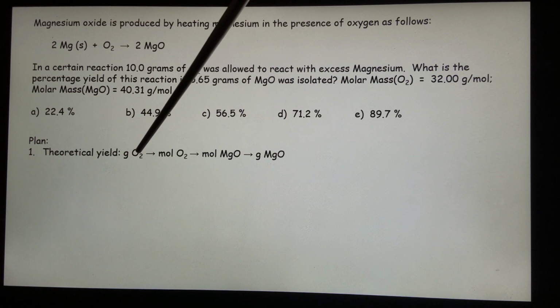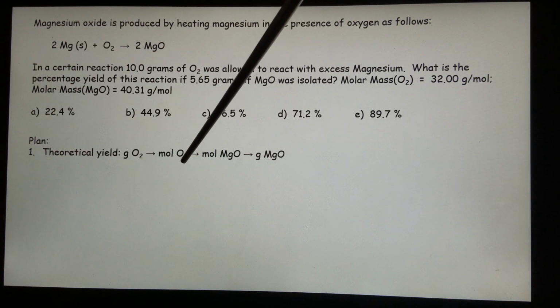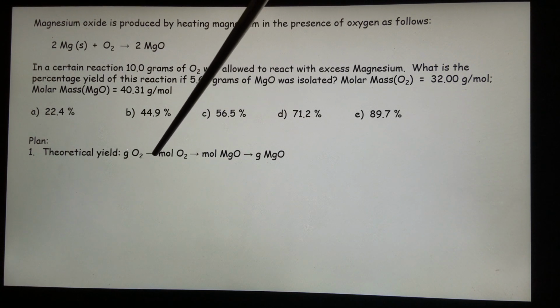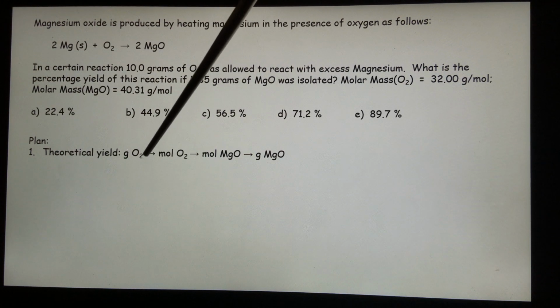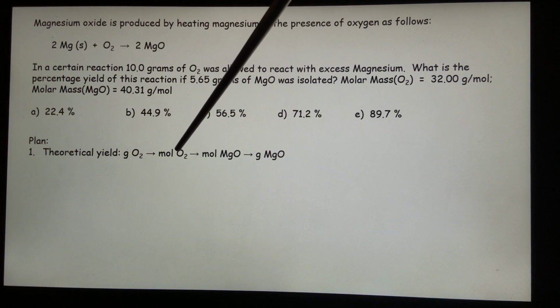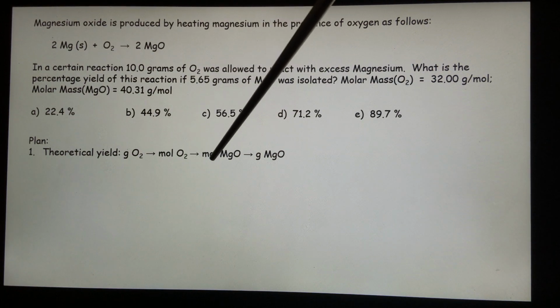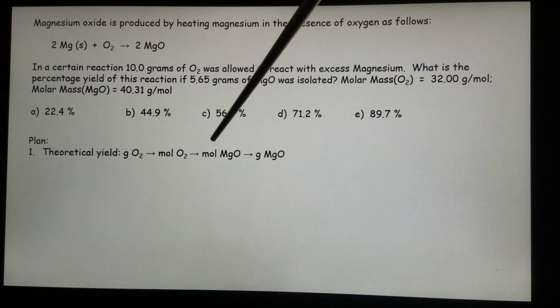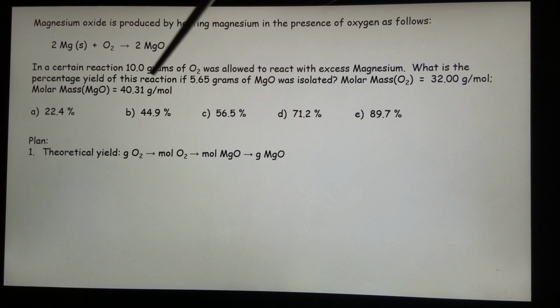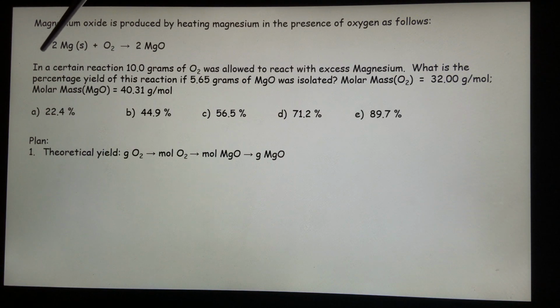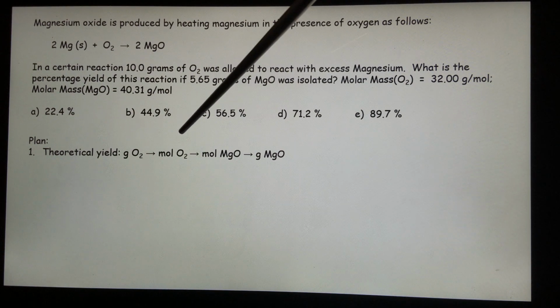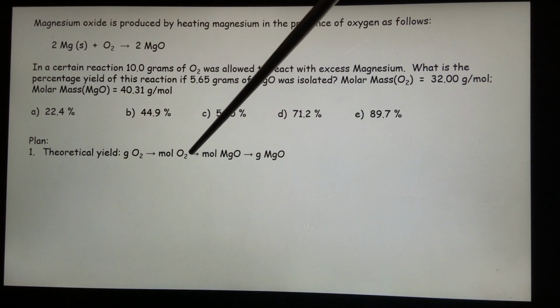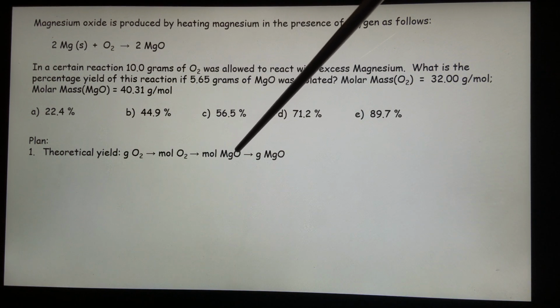We can convert from grams of oxygen to moles of oxygen using what as the conversion factor? Using the molar mass of oxygen. In the second step, we carry out the stoichiometry calculation, which means we use the mole ratio as a conversion factor, and the ratio should be the coefficients in this balanced equation. That way we can convert from moles of oxygen to moles of magnesium oxide.